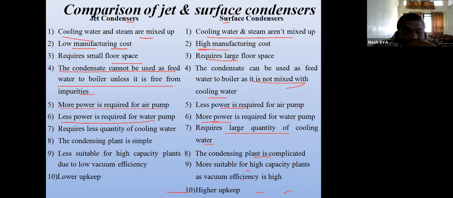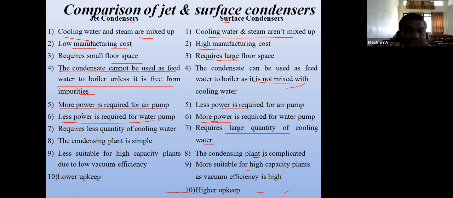Condensate cannot be used as feed water in a jet condenser unless it is free from impurities, and if impurities are there, we have to go for water treatment. In a surface condenser, the condensate can be used as boiler feed water directly because it doesn't mix with cooling water.